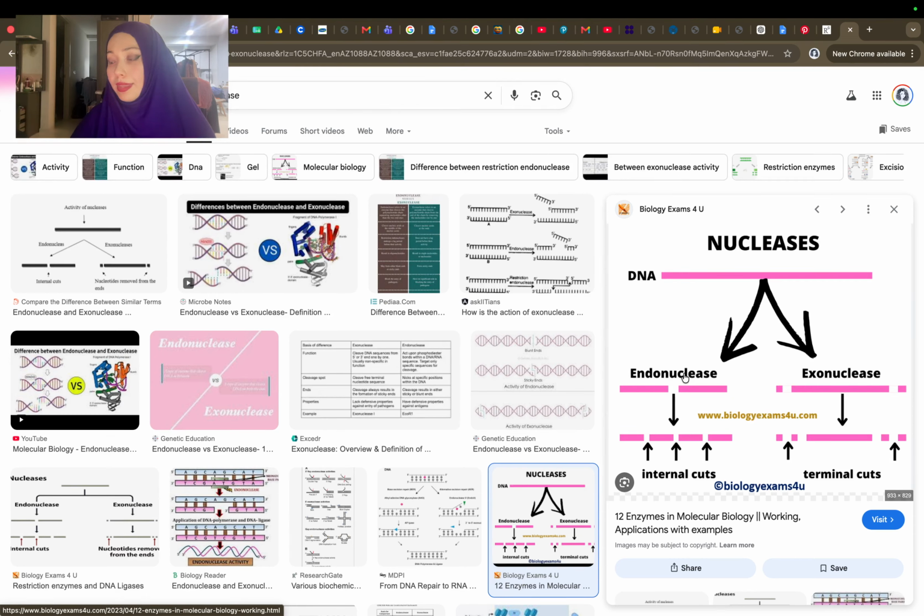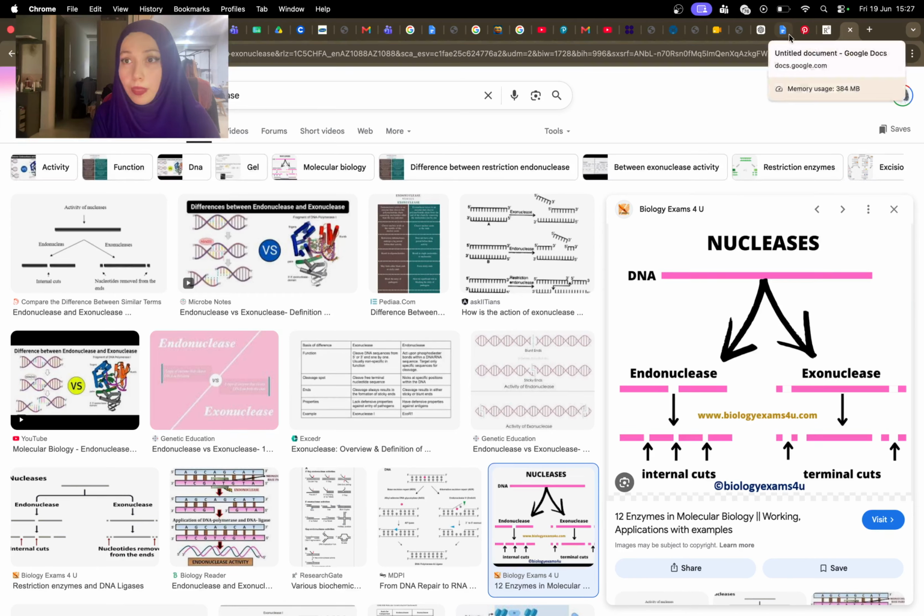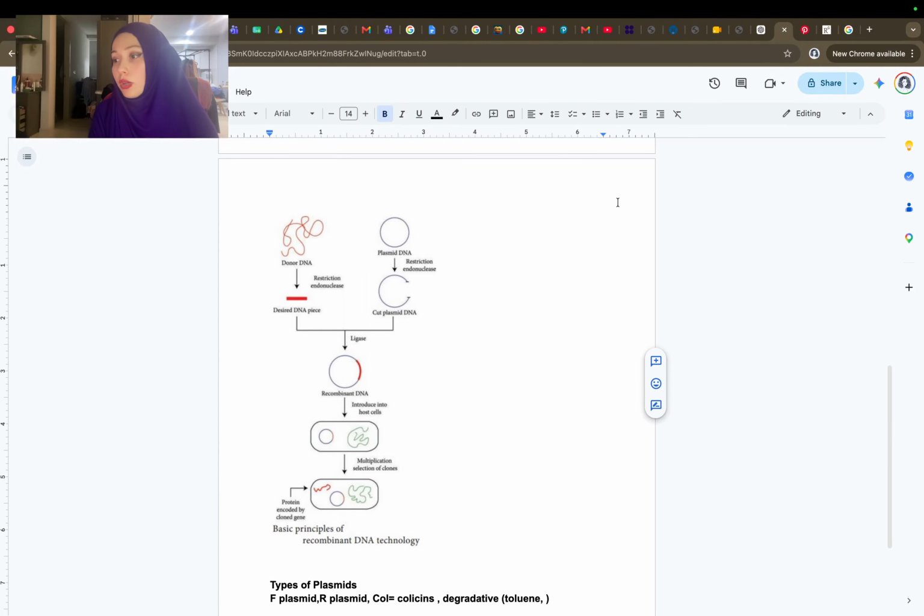So now let's go over the complete summary of this chapter. So we have human DNA. We choose the insulin gene, let's say. We cut it with a restriction enzyme, and then we cut the plasmid with the same restriction enzyme, and then we match the sticky ends. DNA ligase glues them.